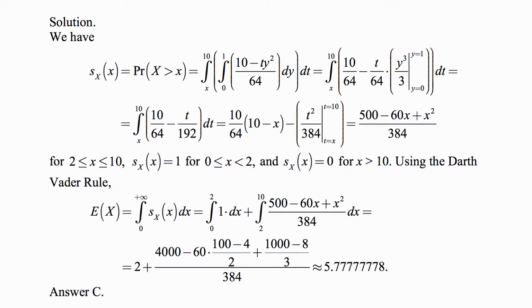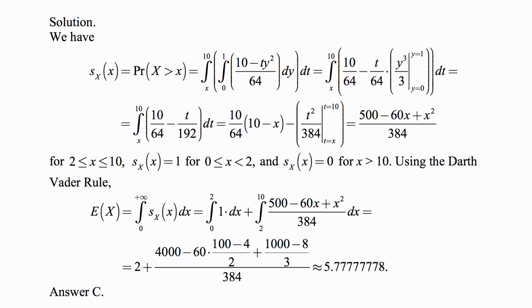So it's really the integral of y squared, which is y cubed over 3, evaluated from 0 to 1. And we end up with 1/3 times 1/64, and 3 times 64 is 192. So this becomes the integral from x to 10 of 10/64 minus t over 192, or 1/192 times t, with respect to t.